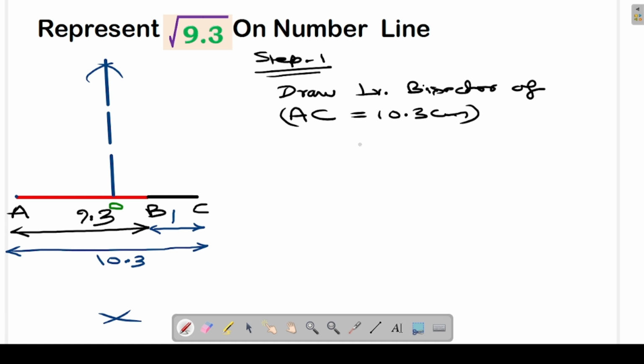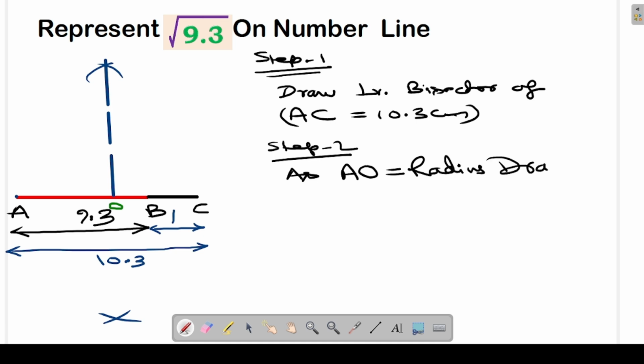Now what we will do, take AO as radius. This is our step 2. When AO is the radius, the length of the radius will be 10.3 by 2.